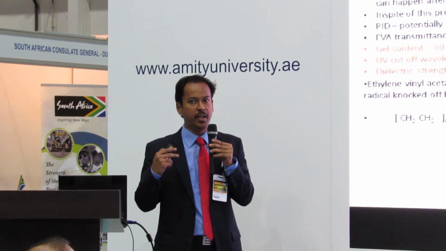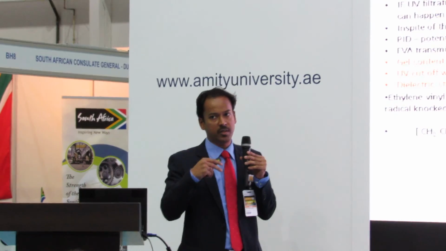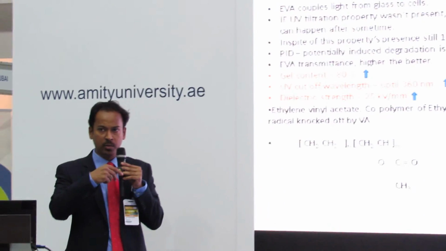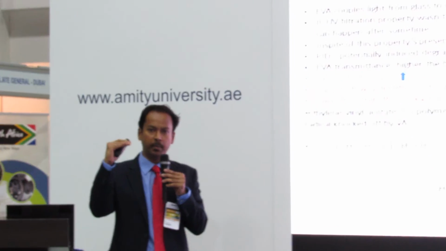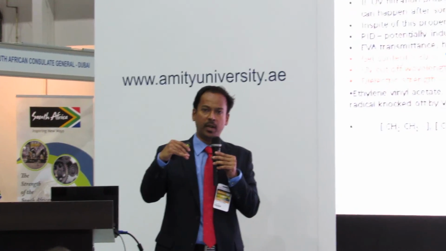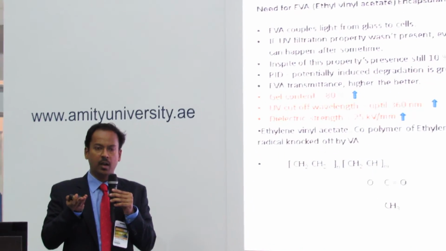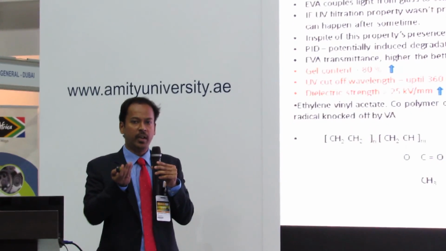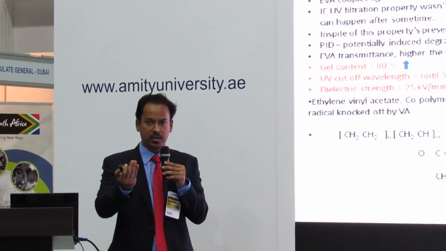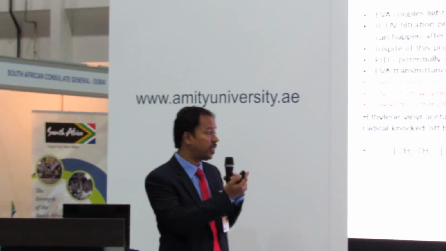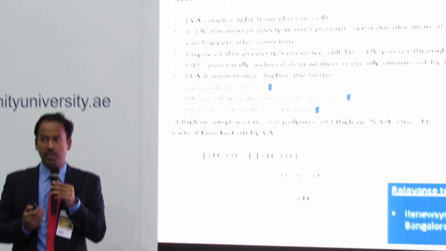It couples the light from the glass to the cells. As you would have seen in the earlier slide, the topmost layer is the tempered glass. When light falls on the tempered glass, it has to penetrate further. So there is a medium which has to take the light rays from the tempered glass onto the cells. That medium is nothing but this EVA encapsulant. So it acts as a coupling mechanism.